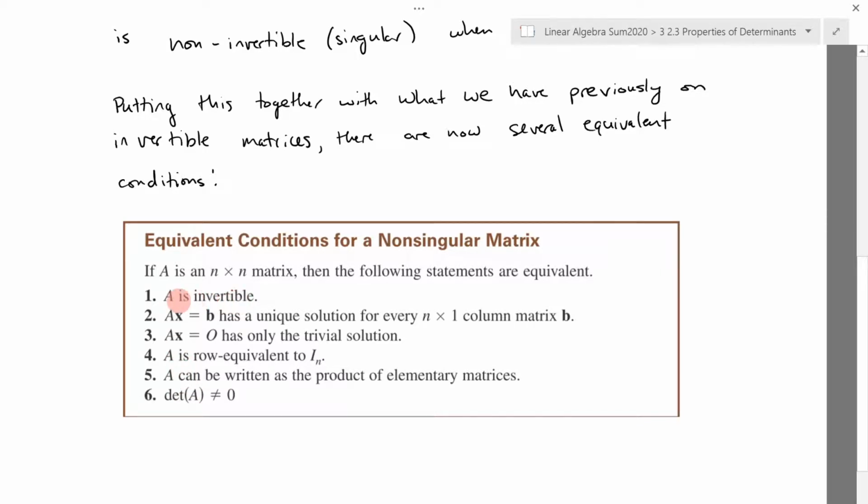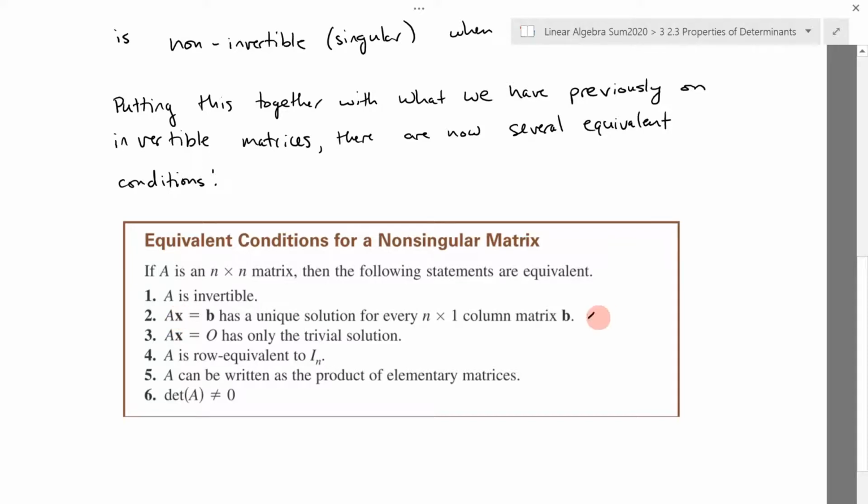But we've already discussed other things previously with respect to invertible matrices. So if you have a system of n equations in n variables, then you can write it as a matrix equation like this, and it's a simple matter of solving for x by multiplying on the left by A inverse.